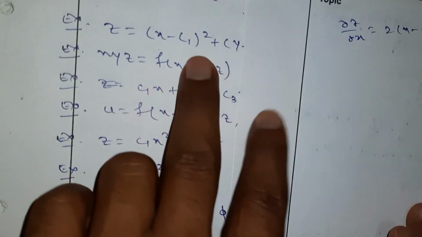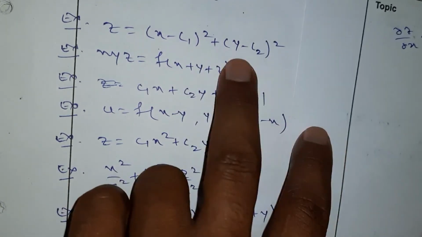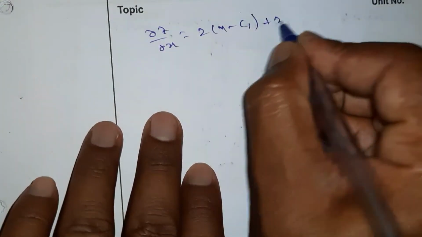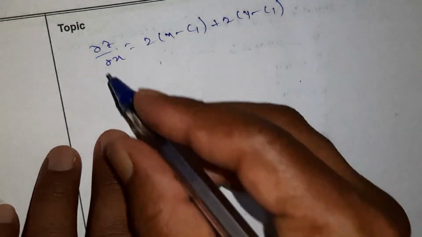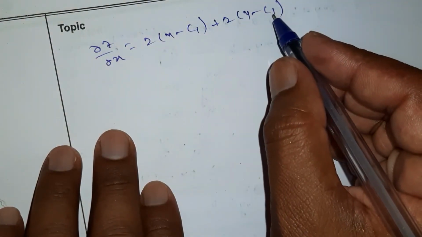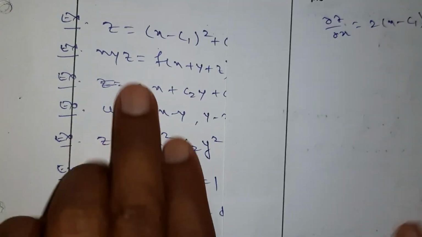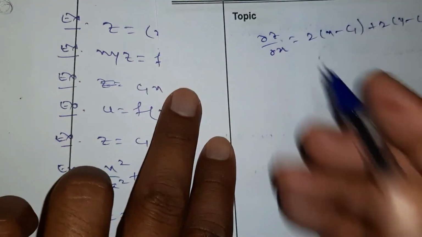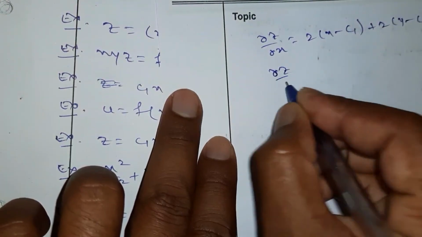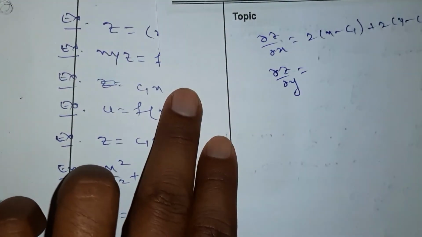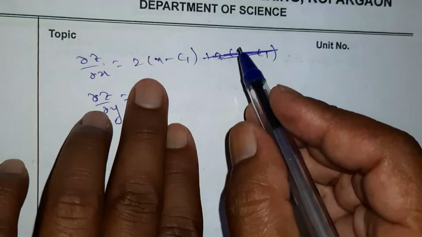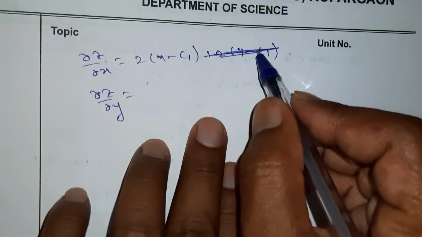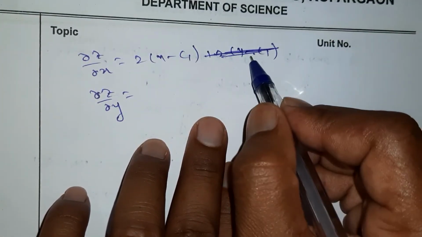So this is my ∂z/∂x. Clearly, next one is ∂z/∂y. With respect to x, this term is 0, since you are differentiating with respect to y.